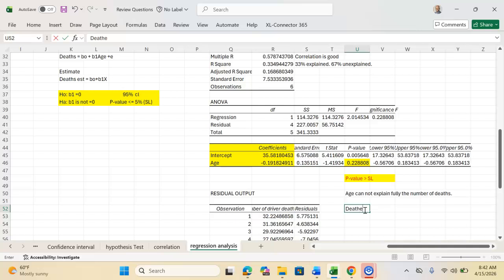Deaths estimate equals the y-intercept, which is 35.58, plus, so this is positive, this is positive, and the other one is negative, so we are going to minus 0.192, and that will be times age.